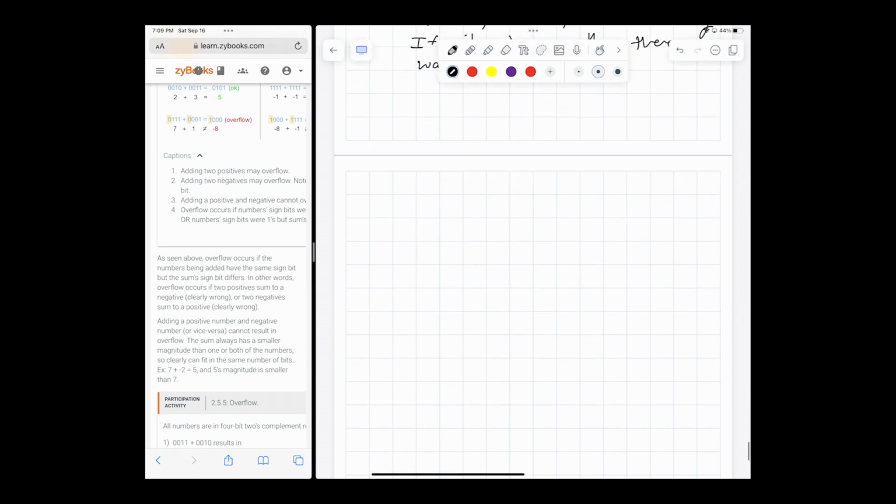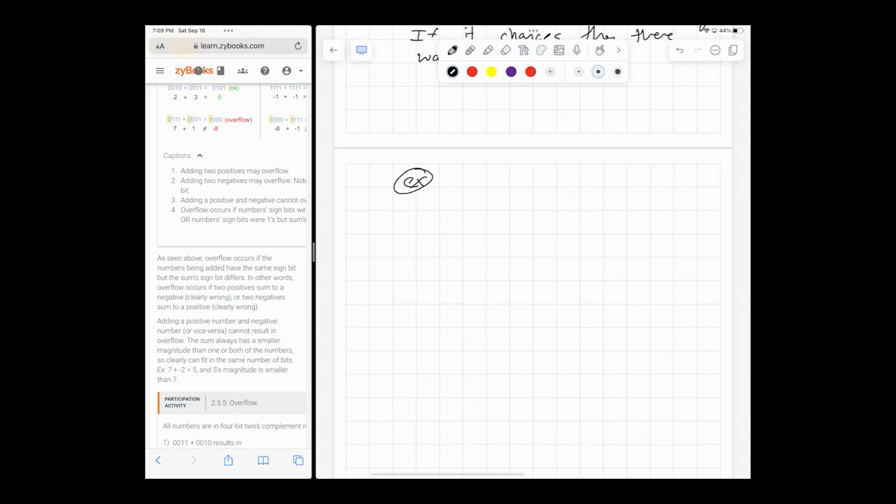Okay, so as an example of that, we can come up with one. Let's say I do 7 plus 5 in 4-bit two's complement.